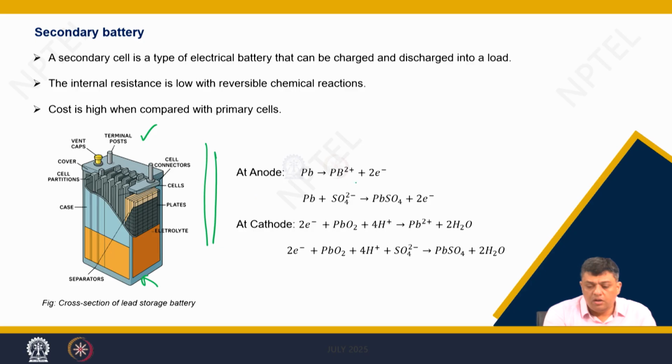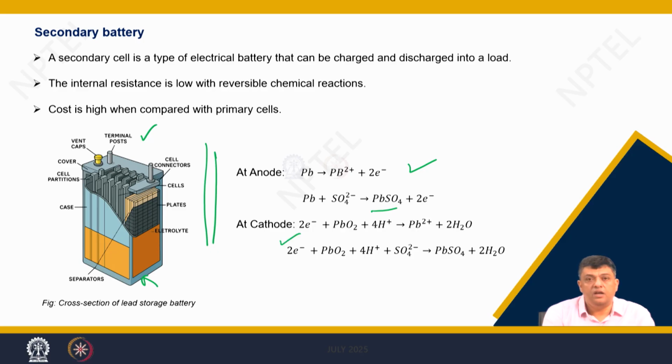So, at the anode you get electrons that react with SO4 2 minus coming from the dilute H2SO4, which is acting as the electrolyte in this system, and you get lead sulphate. While at the cathode, what happens?